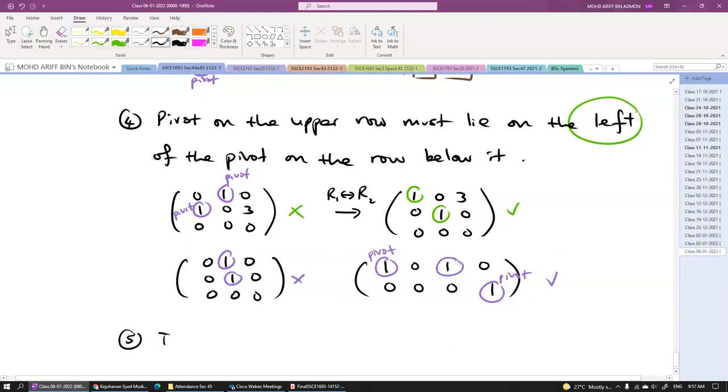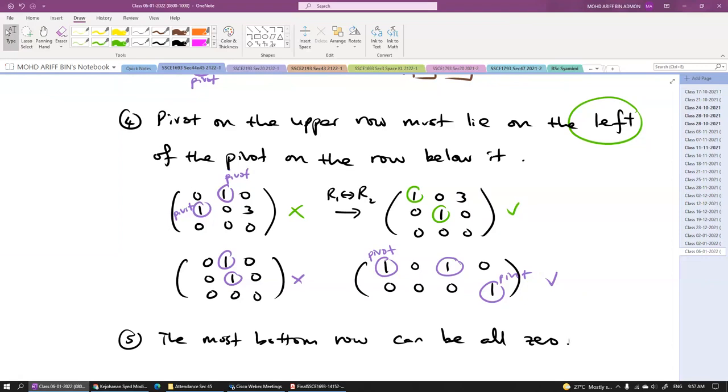Yes. All right. The last one: the most bottom row can be all 0. The most bottom rows. This one is simple. It means that the last rows can be all 0.